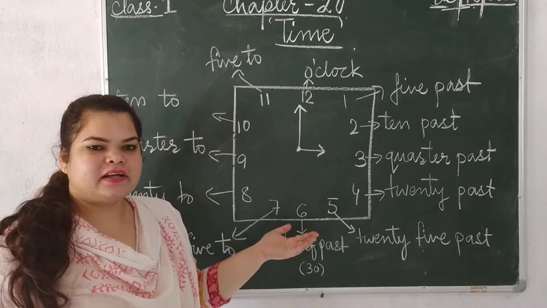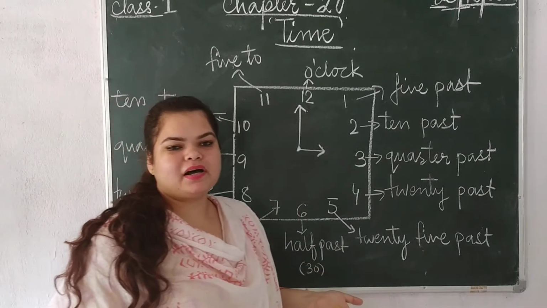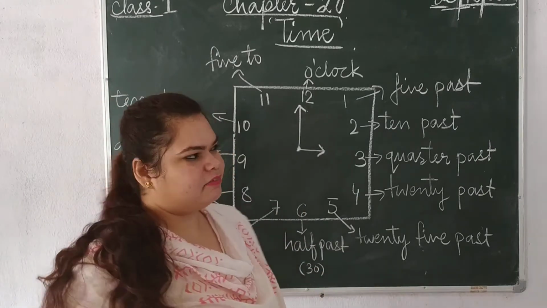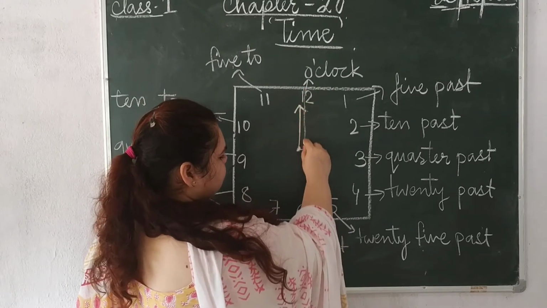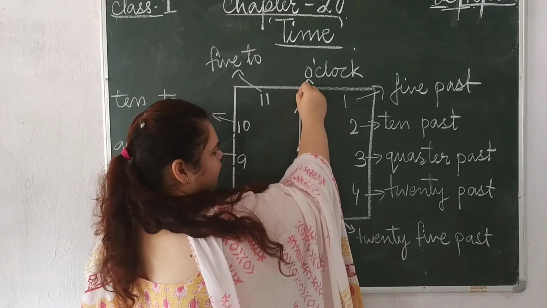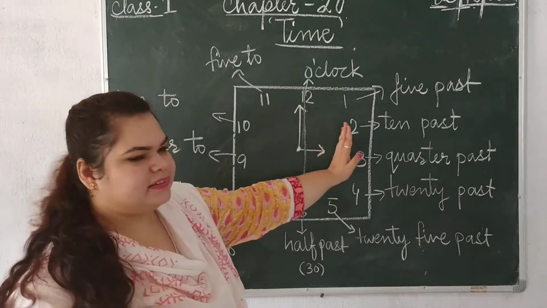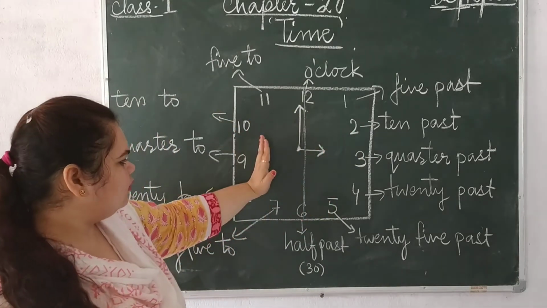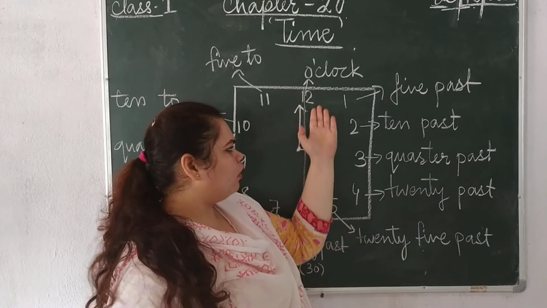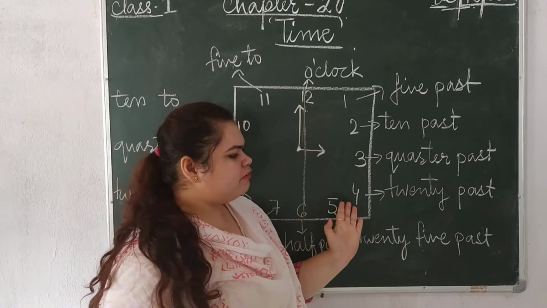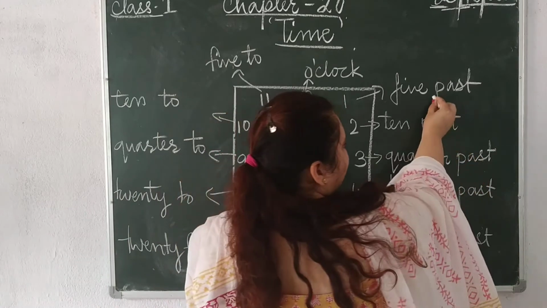How do we find out how many minutes have passed or how many minutes are left? We can divide this clock into two parts, the right side part and the left. Now when we talk about the numbers on the right side, we often use the word past.